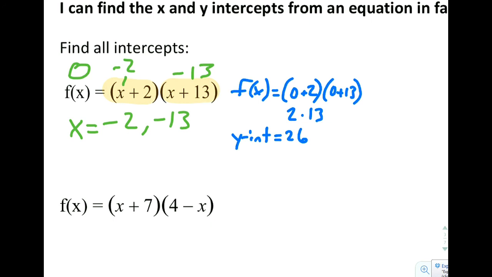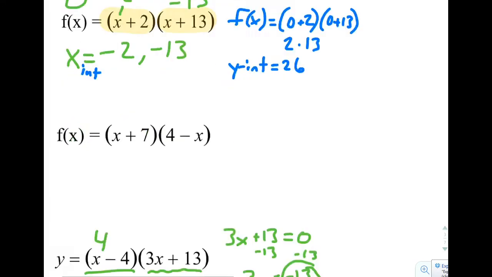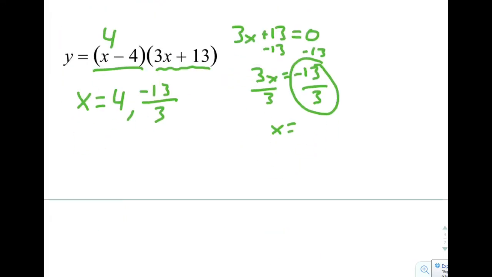And I might even want to write this not just as x, but x-intercepts, so that I know that I'm talking about the intercepts. Scroll down, the same process applies here. If I want to figure out my y-intercept, I'm going to take 0 and plug it in for every x I see.